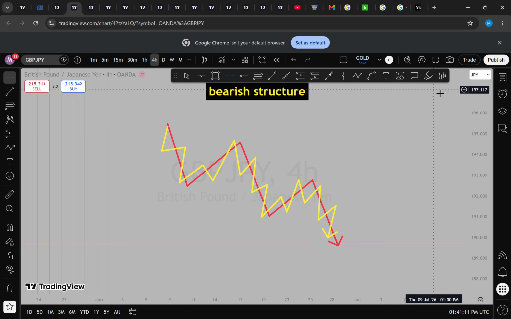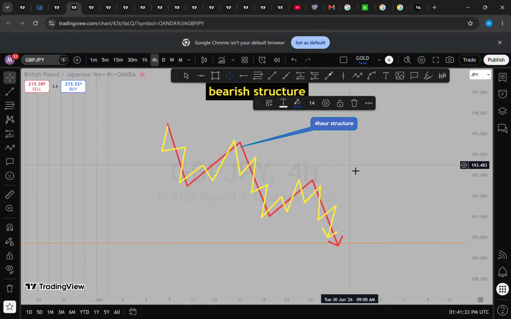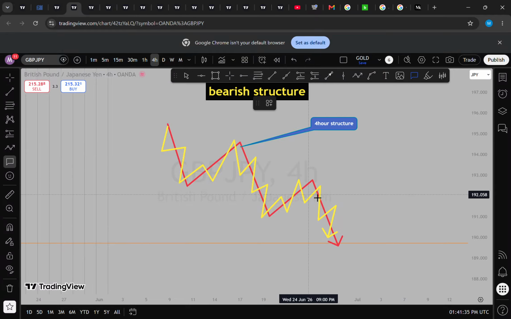This red color is our time frame structure. It is the major structure here. Let's say 4 hour structure.